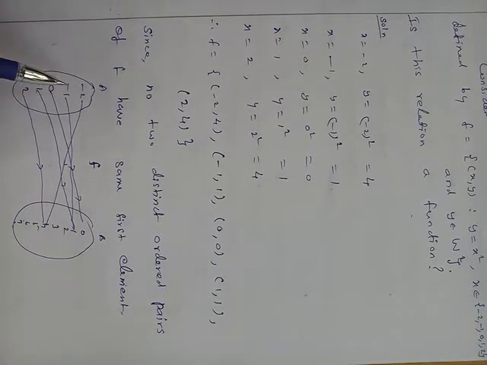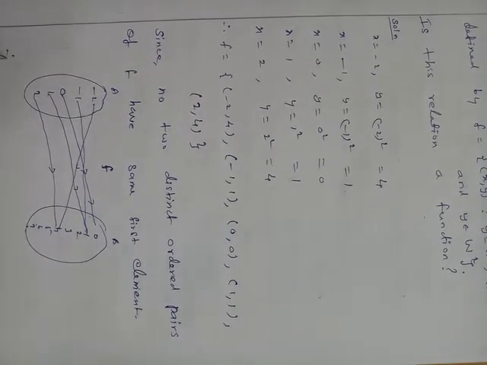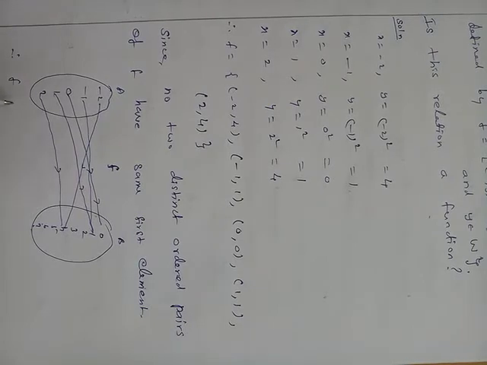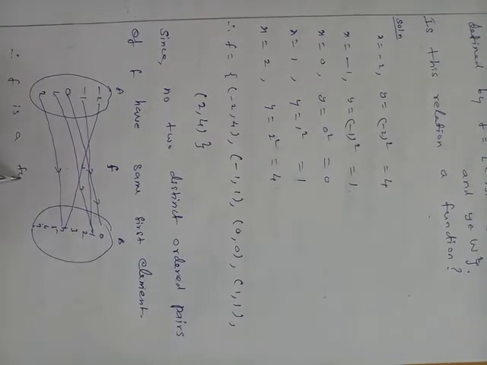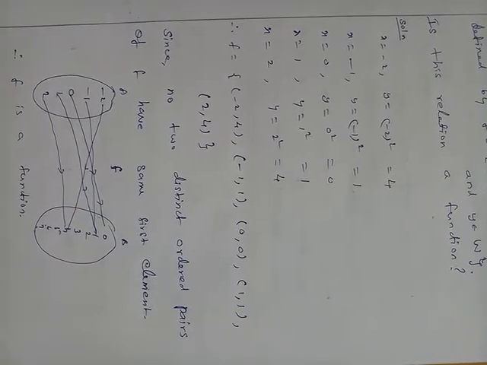So the second condition: all the elements of the set A have an image in the set B. These two conditions are necessary. Therefore, f is a function. The given relation is a function.